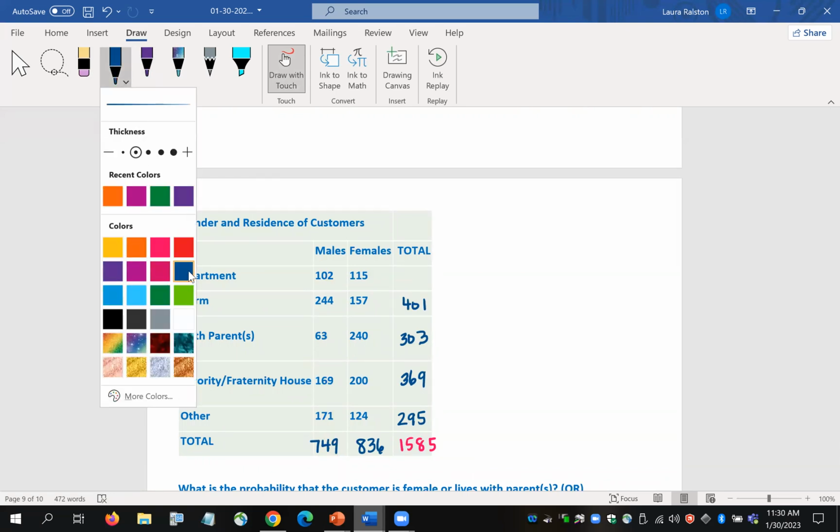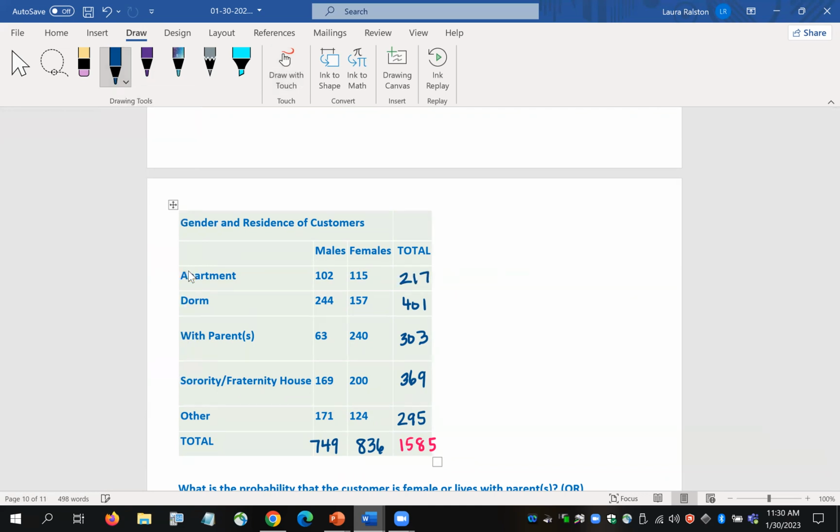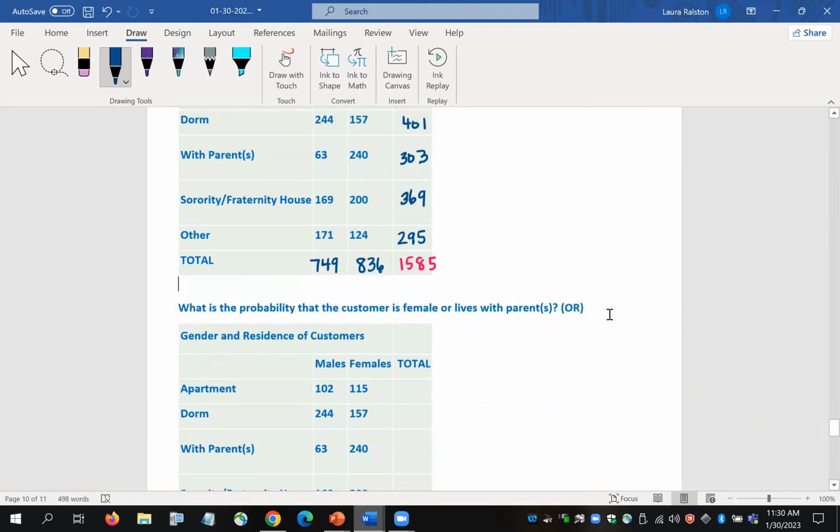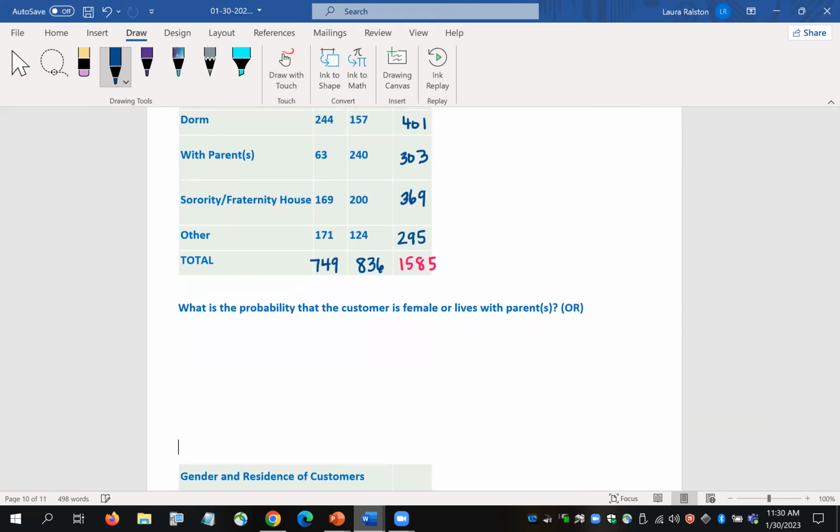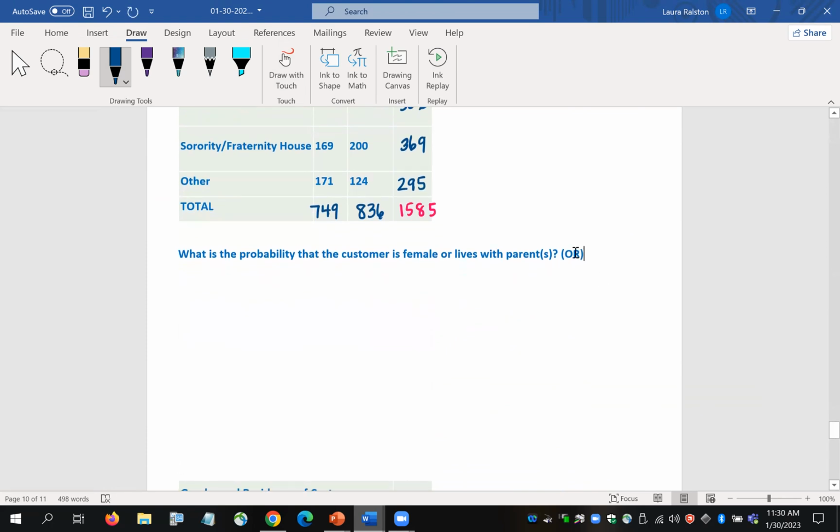Let me put this number back in there, 217. The next question says, what is the probability that the customer is female or lives with both parents?